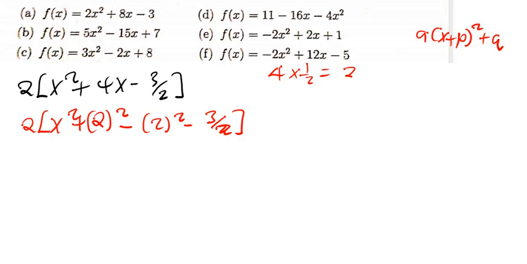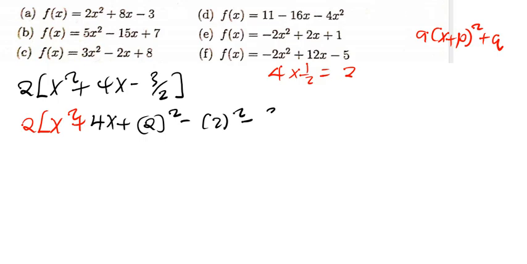One thing you have to remember is that you can rewrite this. Let me do this before I go further. The 4x, bring it here, then plus 2 raised to the power 2, then minus 2 raised to the power 2, then minus 3 over 2.